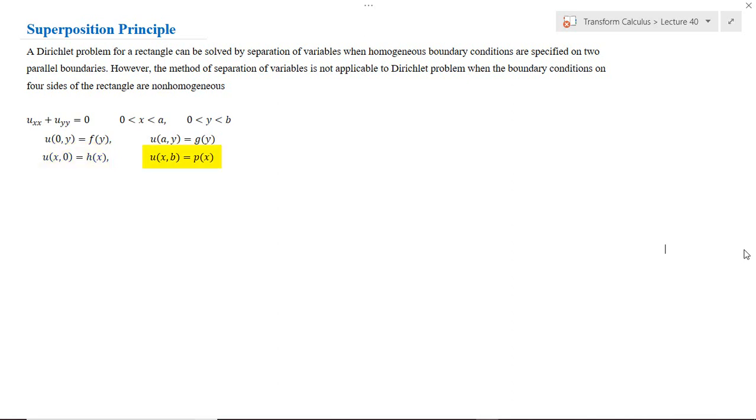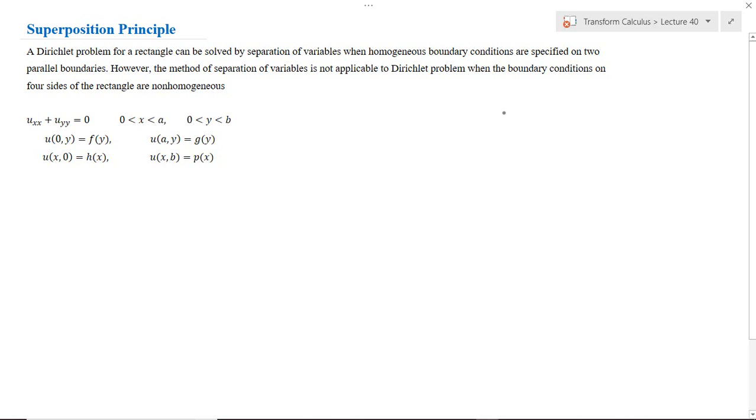So the boundary conditions on the two parallel boundaries are non-homogeneous. As a result, we cannot use separation of variables to solve this type of problem. In order to use separation of variables, you have to manipulate these boundary value problems.